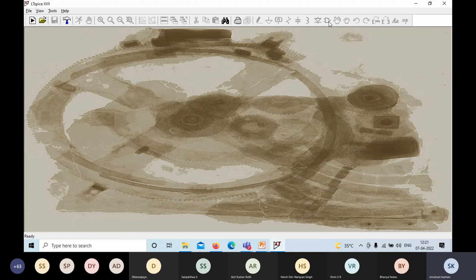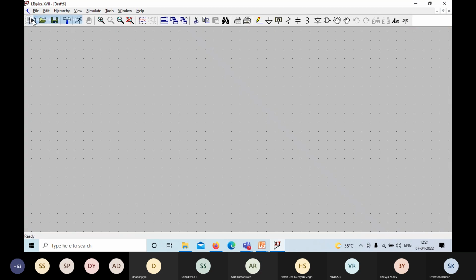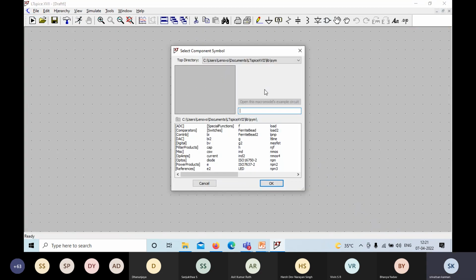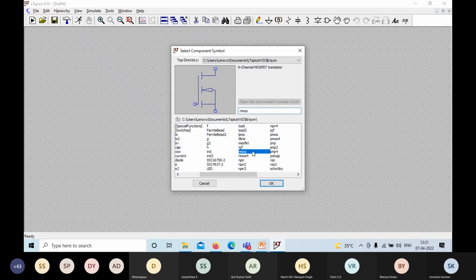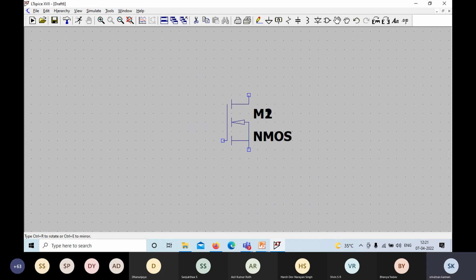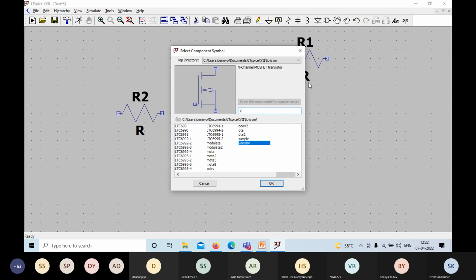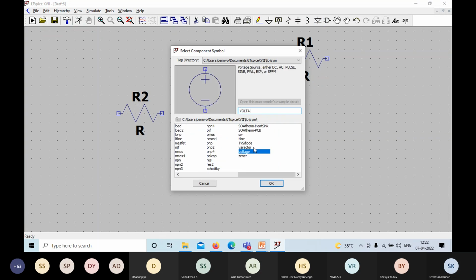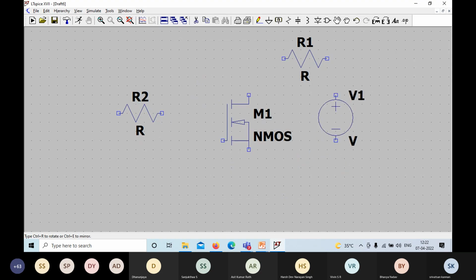So you have to use the MOSFET. So NMOS, type NMOS. And you require two resistors, and a voltage source. What's the name of the component you said, sir?